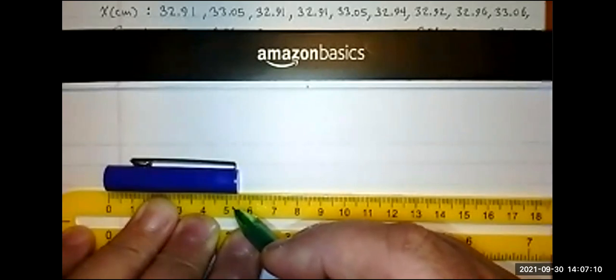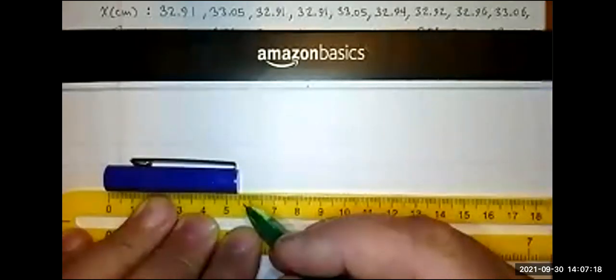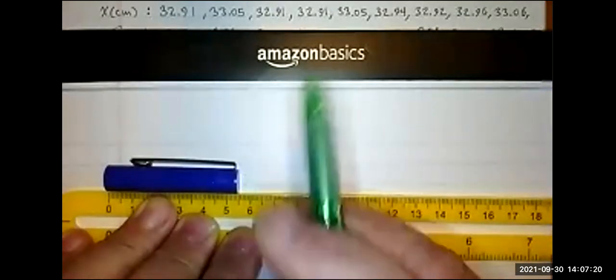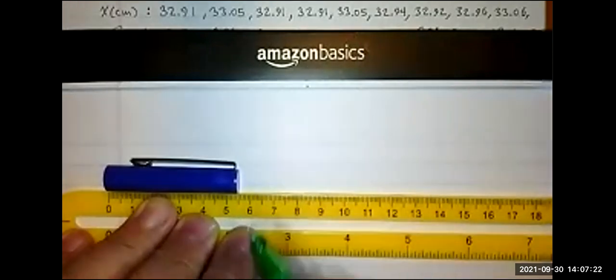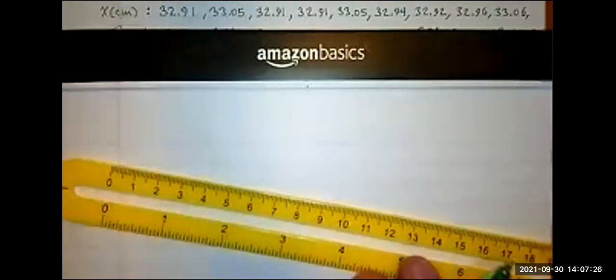So I would say this is 5.46 plus or minus 0.01 centimeters. And that is my instrumental uncertainty, okay? If, however, it had maybe an unsquare edge or something weird like that, then I might not be as confident to have an error of 0.01, i.e. an error of 0 or 1 in that last decimal place.